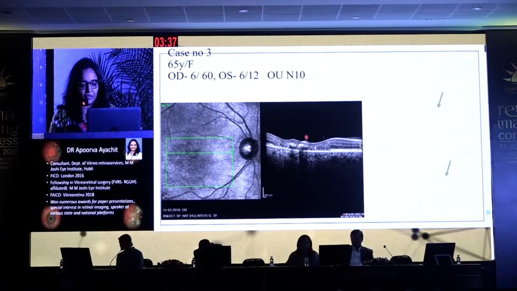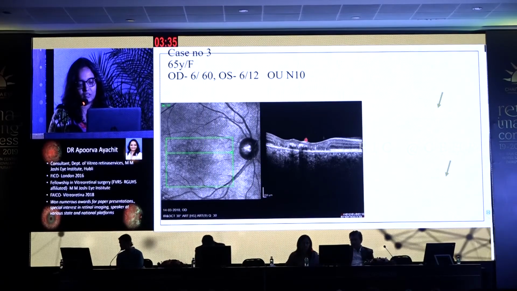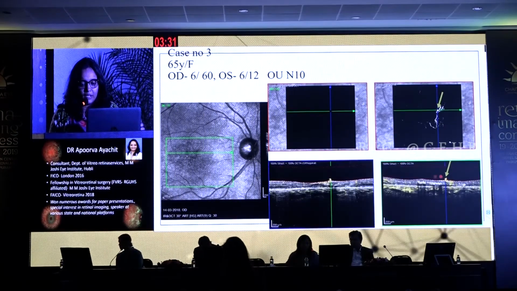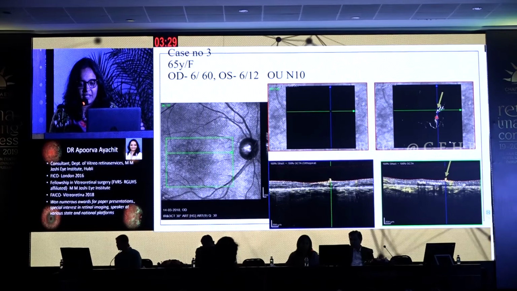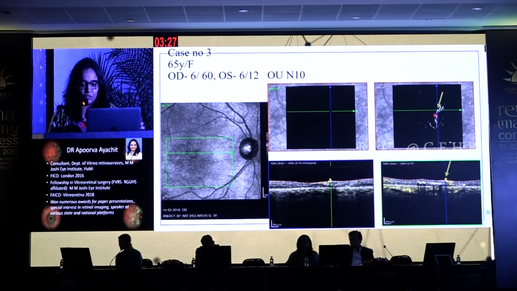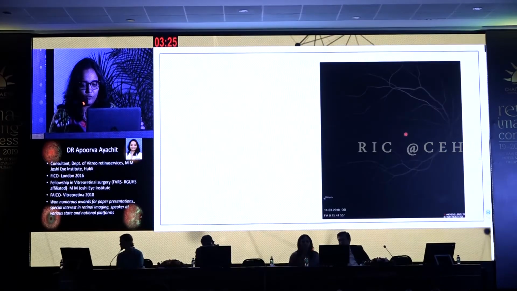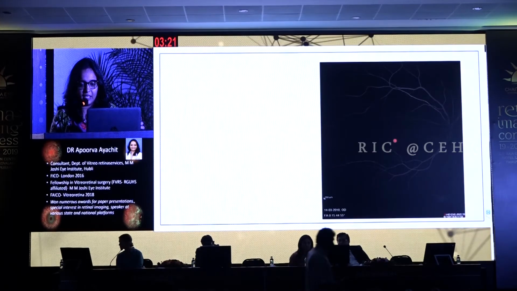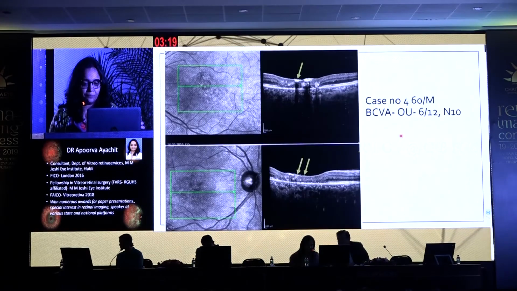So this is case 3, and we were about to dismiss it saying it's probably too flimsy, but we were lucky to get this kind of tag which was extending into the vitreous. So that tag corresponded to a flow signal as well as a very bright hyperreflective signal on the OCTA. So if you can see, there is this early filling of the ERN in the early phases of the FFA.